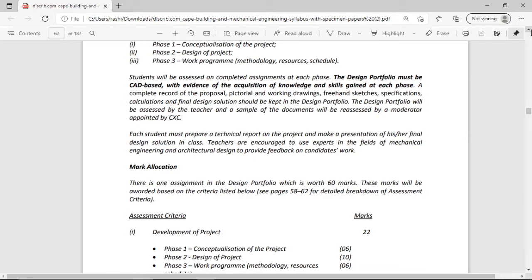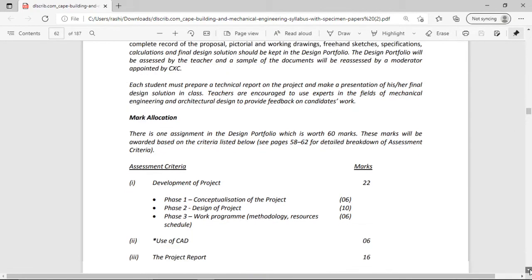You will share your findings, share everything from when the project just started, going through the project and your final design solution, how you came up with that final design solution and everything like that. Good. And I'm going to show you an example of such a presentation. So now, how are the marks allocated? This is how the marks are allocated.